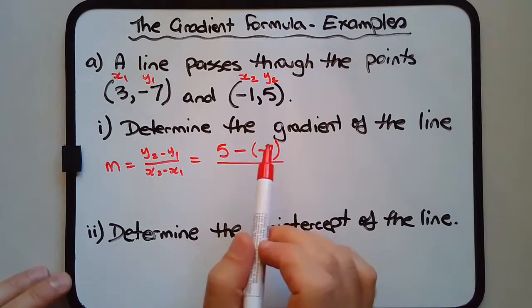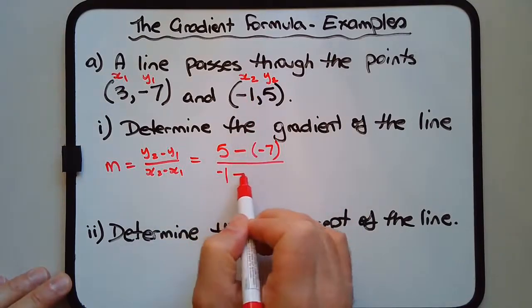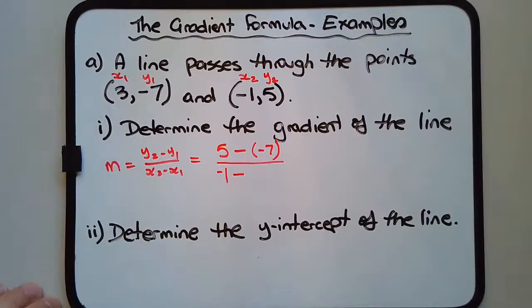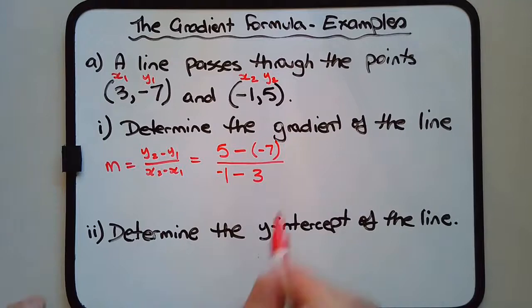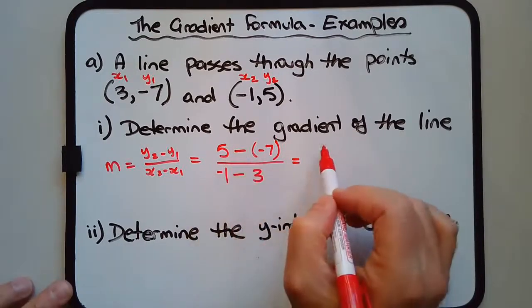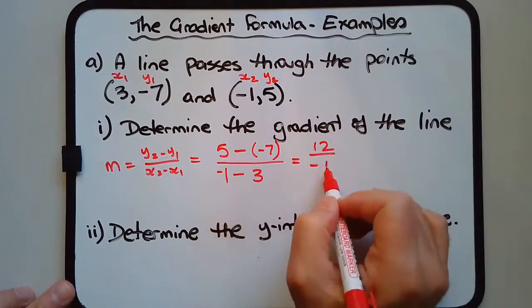So 5 plus 7 is 12. Then x2 minus x1: x2 is -1, minus x1, which is 3. -1 minus 3 is -4.